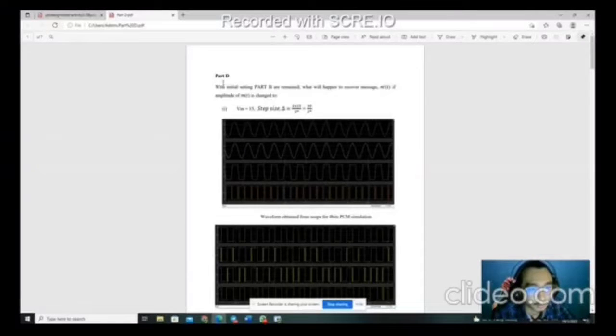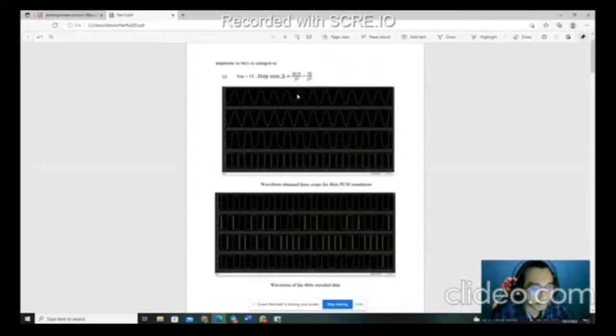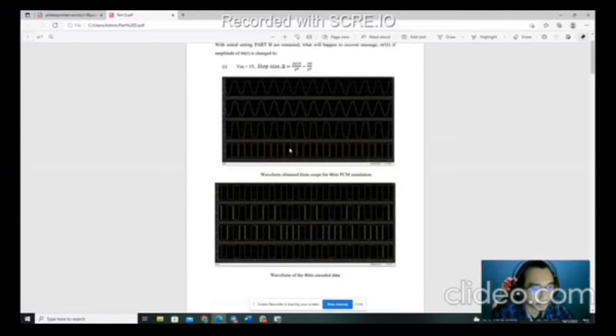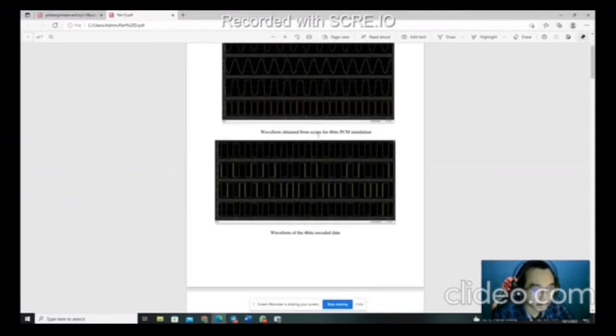Today I will explain a little bit about part D. For part D, the initial settings from part B remain, so we just change the VM. This is the step size. This is the waveform obtained from the scope for the 4-bit PCM simulation, and this one is for VM 15.